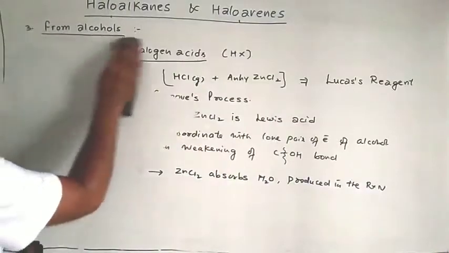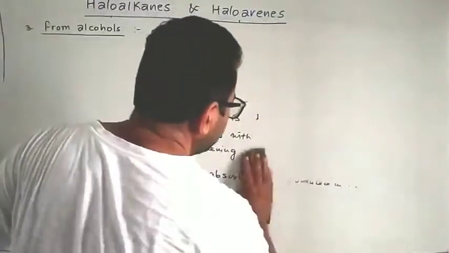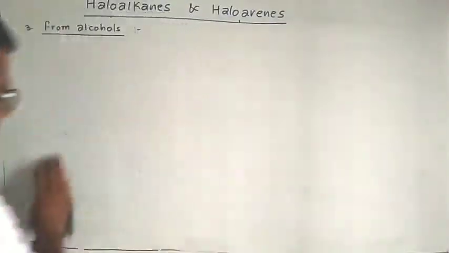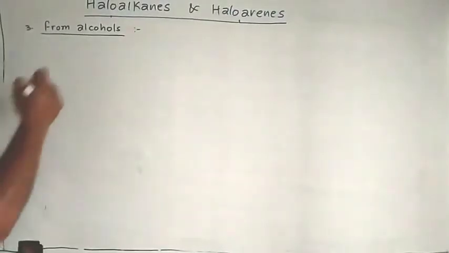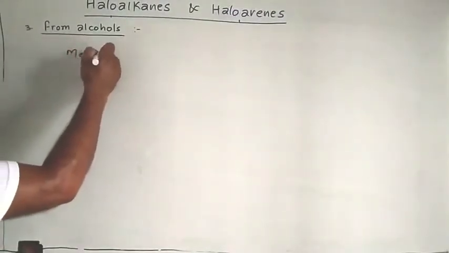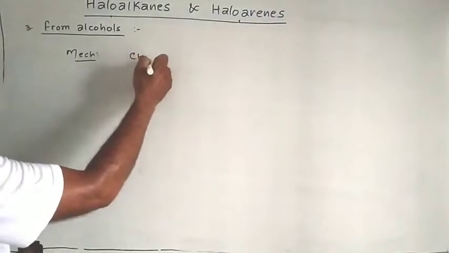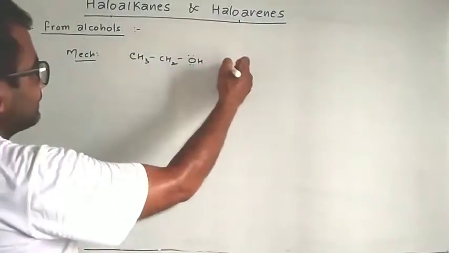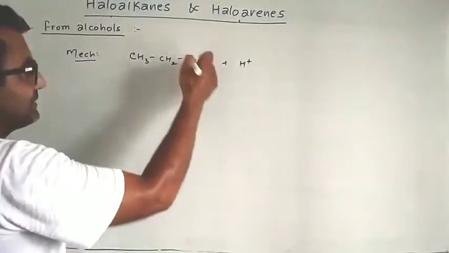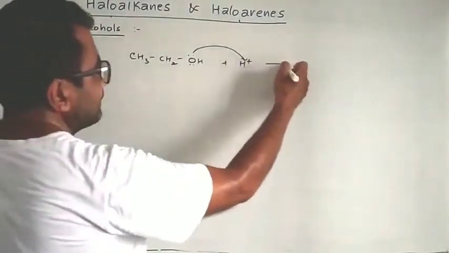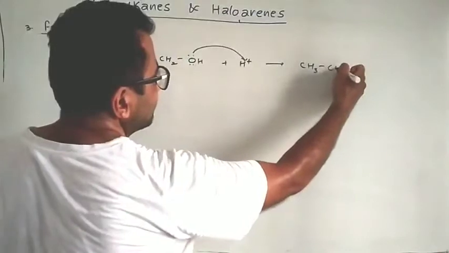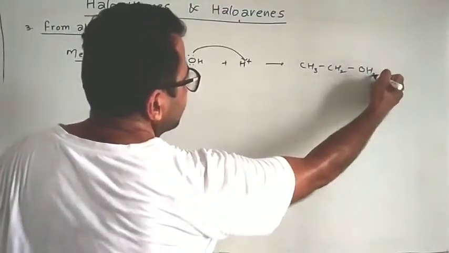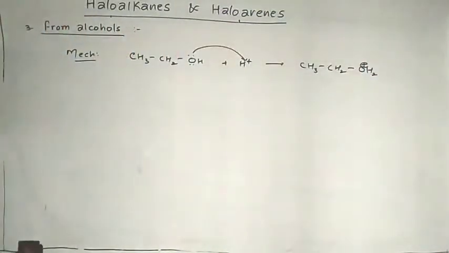So this is the first. If you see the mechanism of this reaction, first step is like if we have an alcohol, it coordinates with H to produce protonated alcohol.